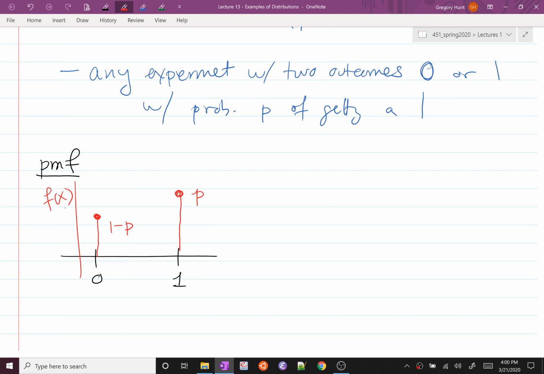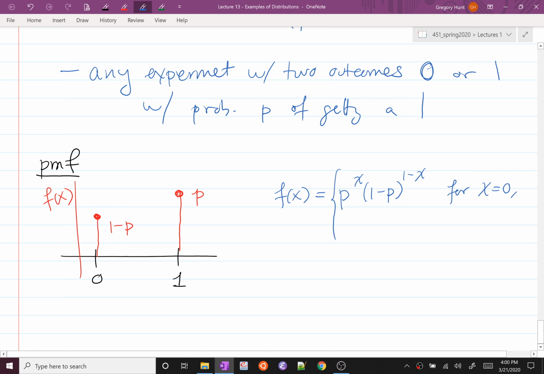And we can write this in symbols. A cute way of writing this is f of x is p to the x times 1 minus p to the 1 minus x, for x equal to 0 or 1, and 0 else.